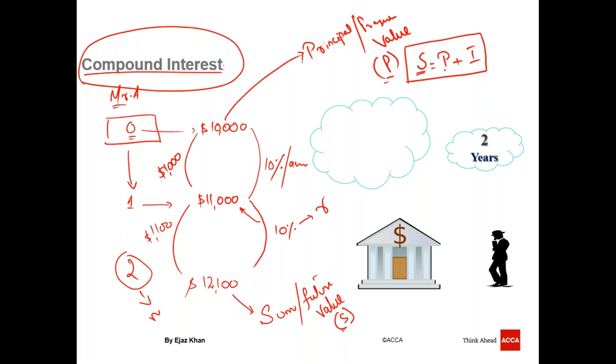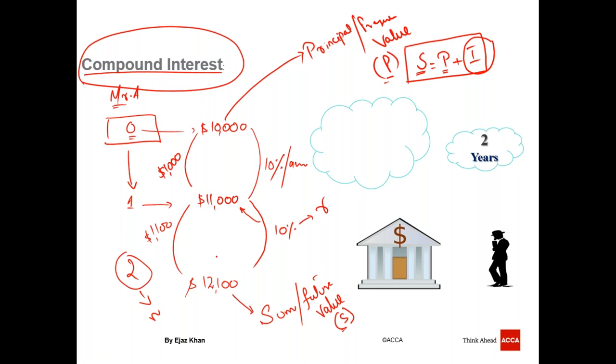But whenever we are supposed to calculate principal or present value, we have to offload the amount of interest. So the difference between the principal, present value, and the sum is the amount of interest. So the sum or the future value will always include the amount of interest, whereas the principal or P will exclude the amount of interest.